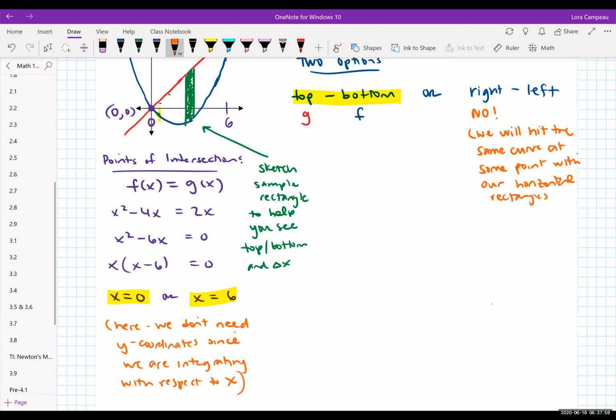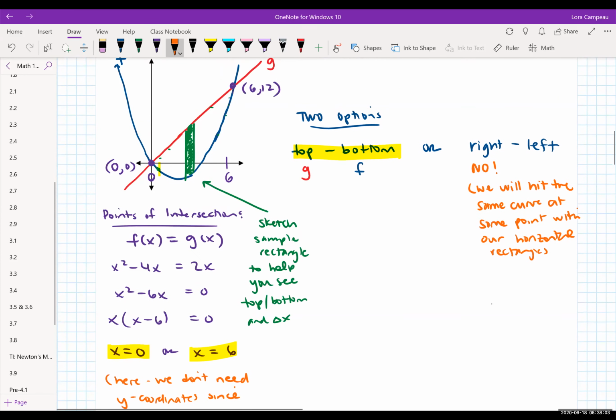So see how it kind of makes a little bit of sense to just really, I mean, you're going to have to find points of intersection anyways, but before you spend too much time and get involved in all the algebra behind everything, just look at how you're going to integrate with respect to. Are we going to make vertical rectangles or are we going to make horizontal? And we decided it was going to be the top minus bottom.